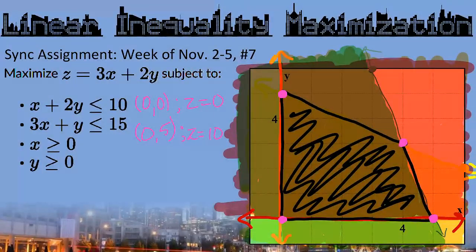At the point 4, 3, z will equal, here's 4, here's 3. This is 12. 3 times 4 is 12. Plus 6. 12 plus 6 is 18.